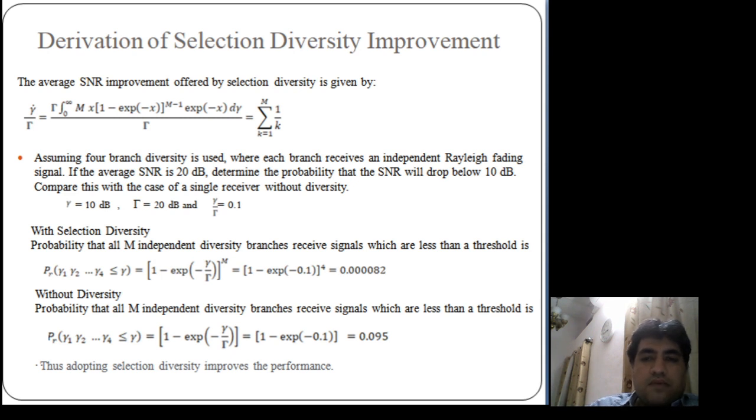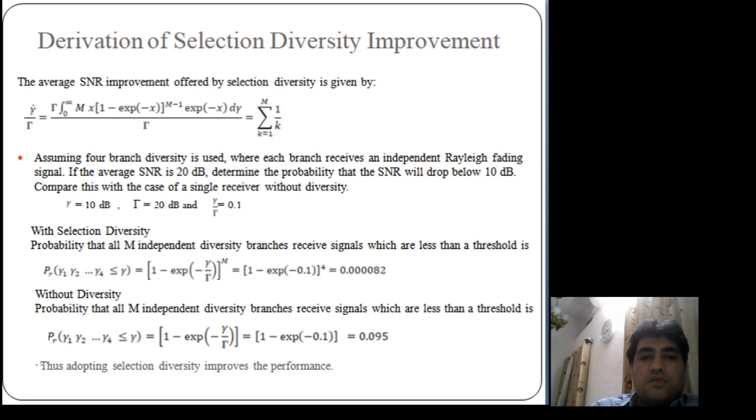So let us consider when we have adopted the selection diversity, then in that case the probability that all these m independent diversity branches will receive the signal less than the threshold is given by PR threshold 1, threshold 2, threshold 3, threshold 4 less than or equal to threshold.